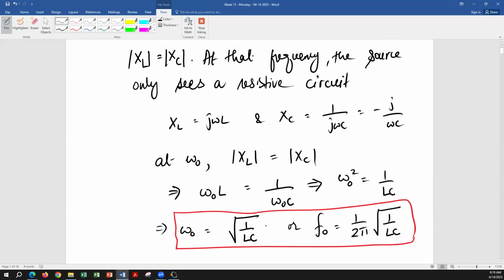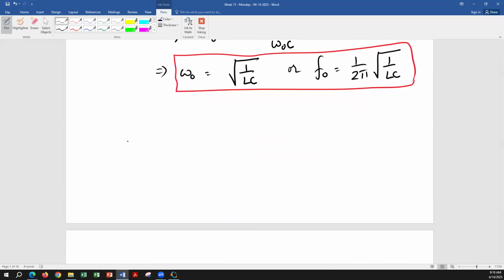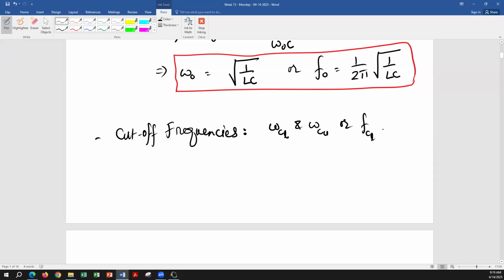Now the second thing is cutoff frequencies. So let's look at upper and lower cutoff frequencies. This is omega cutoff low and omega cutoff high or upper, or fc low and fc upper, also called omega c1, omega c2.